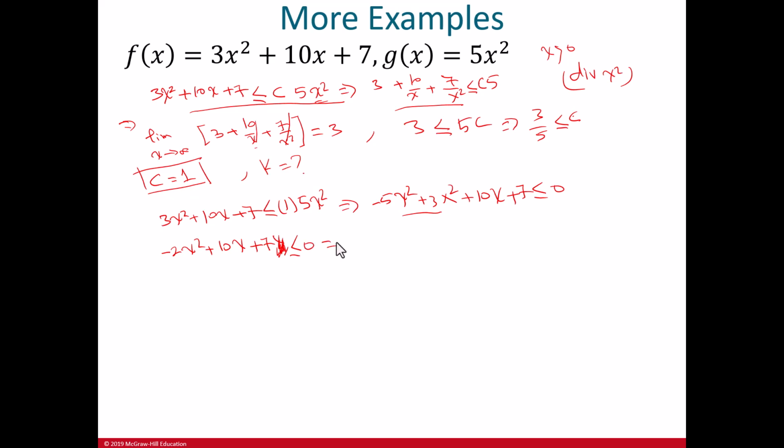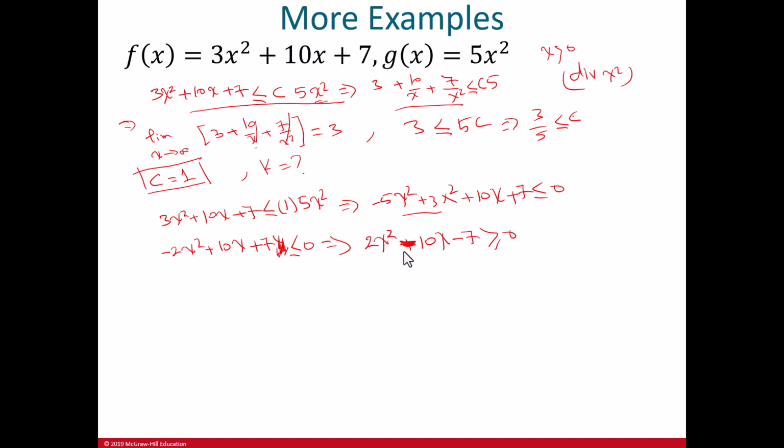I can go ahead and multiply. If I want to make these positive, multiply both sides by negative 1. So it will give me 2x^2 minus 10x minus 7 greater than or equal to 0.